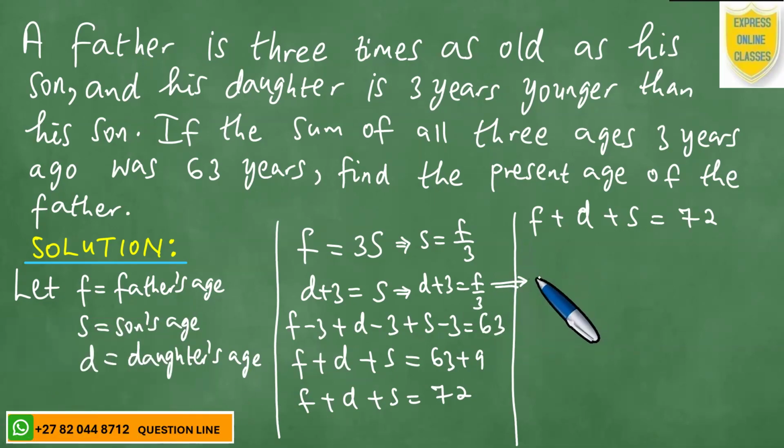D is F over 3 minus 3. We also have simultaneously the S, which is F over 3.